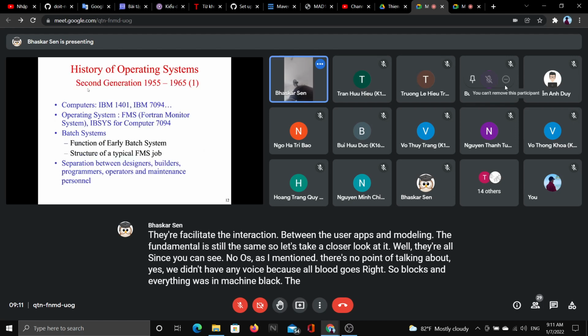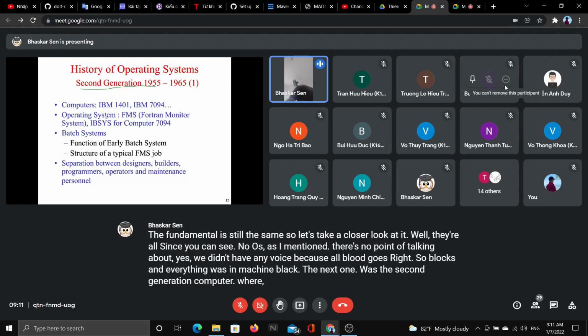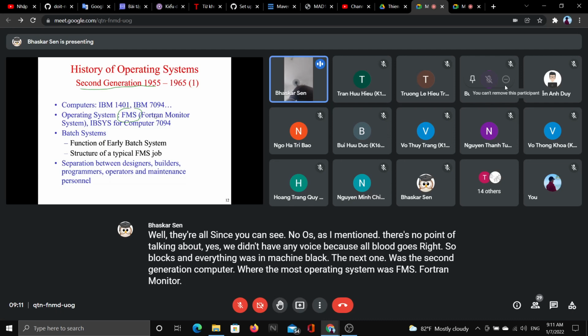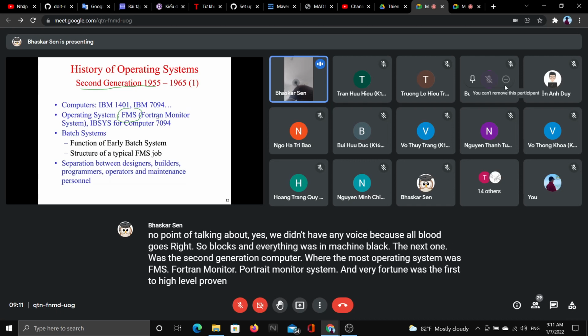The next one was the second generation computer, where the most popular operating system was FMS, Fortran Monitor System. In fact, Fortran was the first high-level programming language introduced in second generation computers.